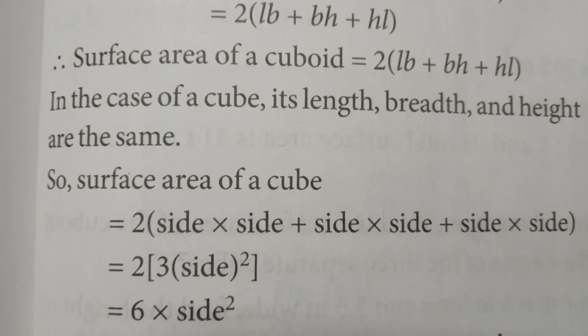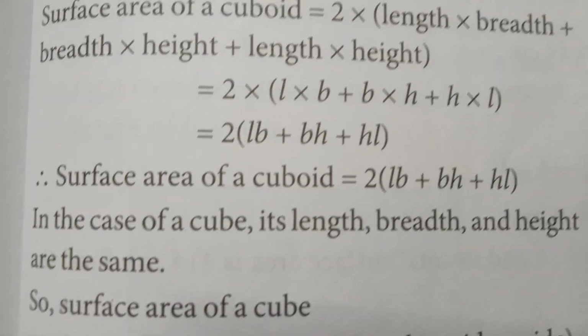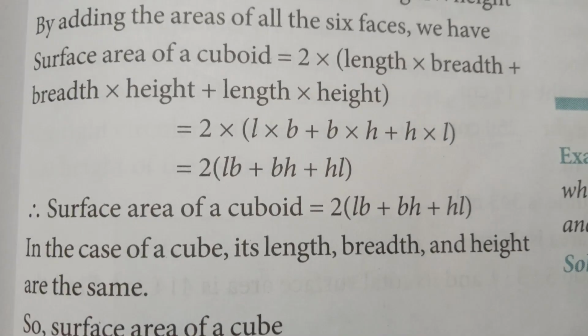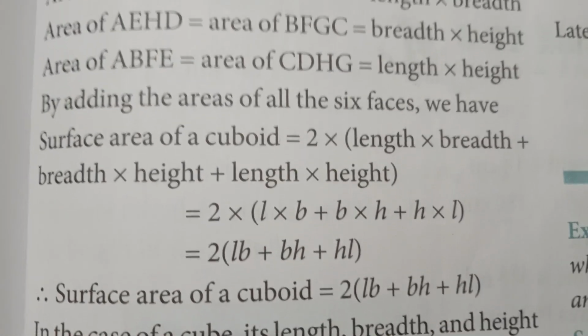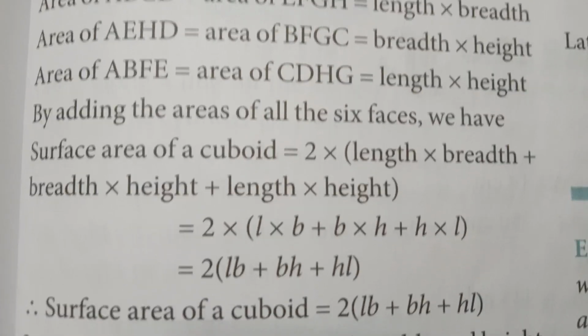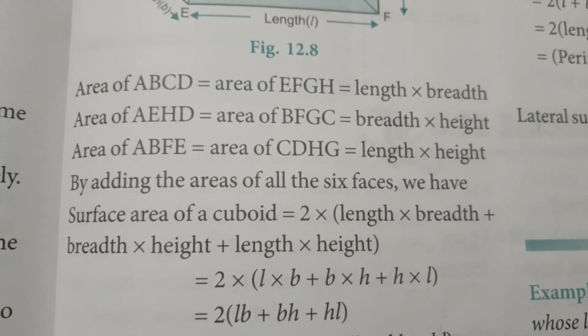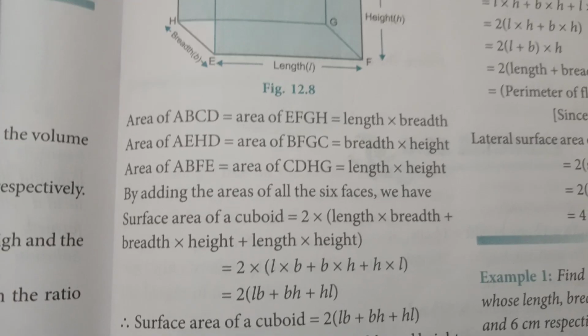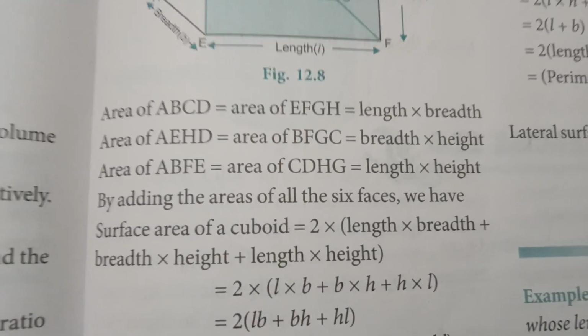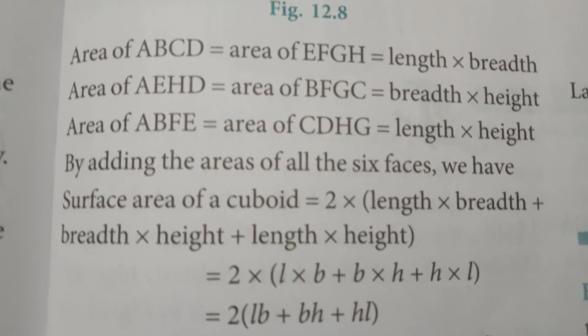Here L is the length, B is the breadth, and H is the height of the cuboid.